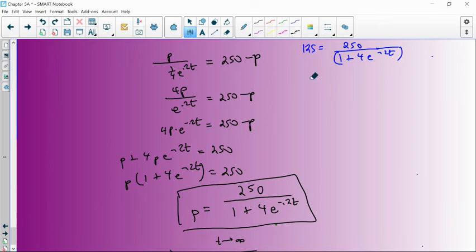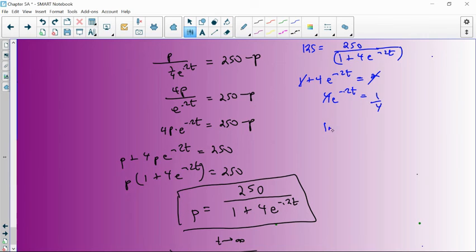So we get 1 plus 4e to the negative 0.2t is equal to 250 over 125, which is 2. Subtract the 1. So now we get 4e to the negative 0.2t is equal to 1. And then divide out the 4. And then take the natural log.